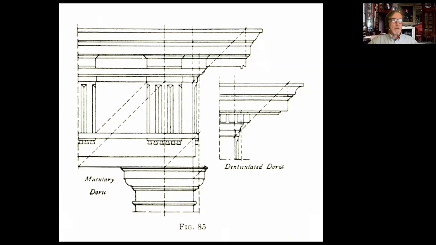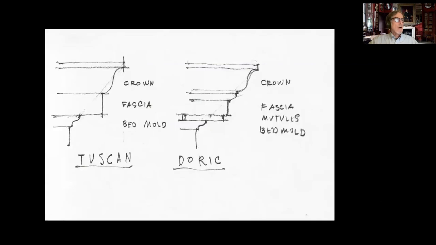Very often we'll change that facial angle depending on the application, but 45 degrees is the baseline, and it's a good place to start. And it makes sense structurally as well. Here's another sketch from my sketchbook just showing that same 45-degree geometric construction for both the Tuscan and the Doric cornice.